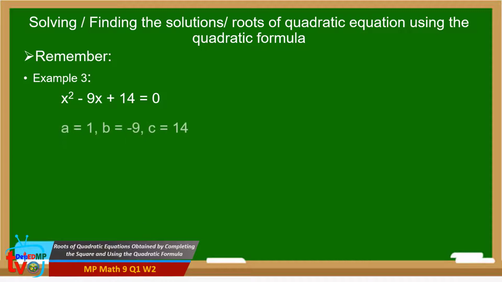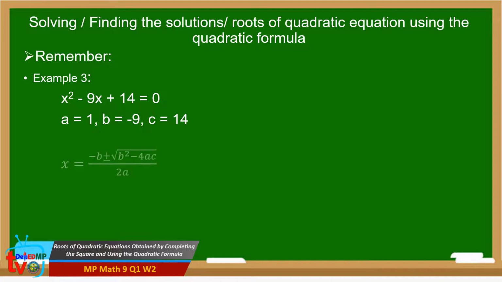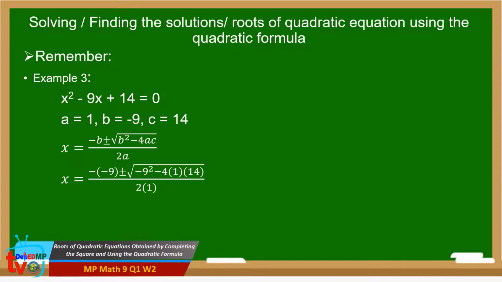Here, a is 1, b is negative 9, and c is 14. Now, we substitute the values of each variable in the quadratic formula. That means we have x is equal to negative times negative 9 plus or minus the square root of negative 9 to the second power minus 4 times 1 times 14 all over 2 times 1.